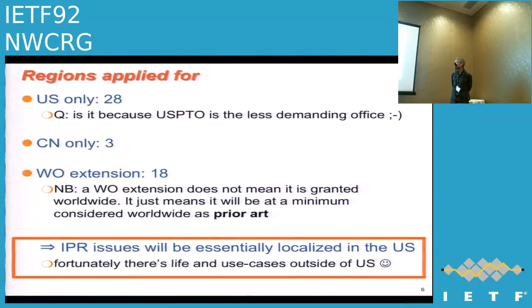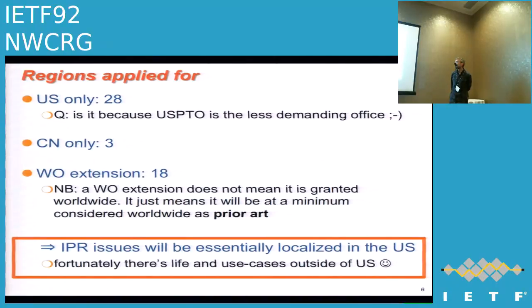Those 18 patents mentioned as WO are also important because some of them, but not necessarily all of them, may also be applied to in different parts of the world. So now that's just the raw, the global figure. We need to more carefully analyze, if we want to, which of them are effectively applied to in different parts of the world.